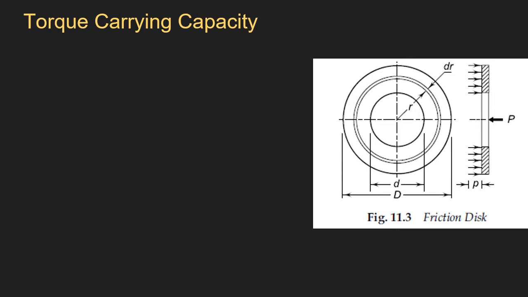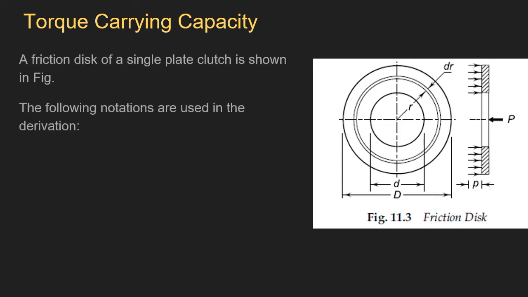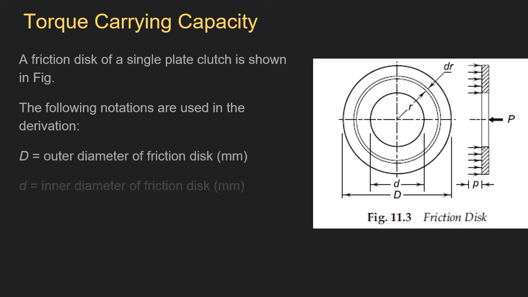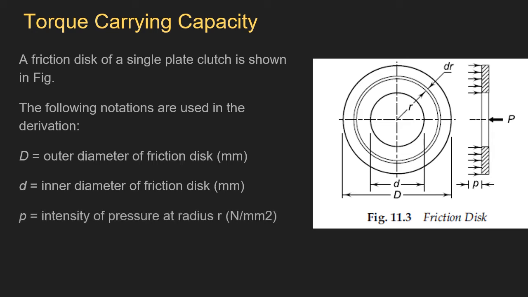If you see this figure here, a friction disk is shown here, and the notations are as follows. Capital letter D that you see here is the outer diameter of the friction disk. Small letter d is the inner diameter.